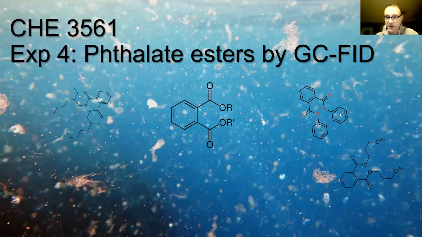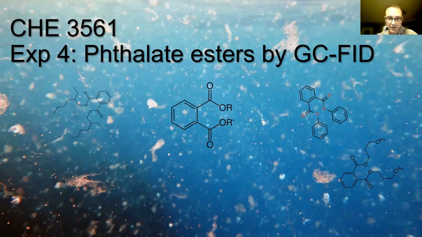So this example over here has 2 phenyl groups. This one here has 2 alkyl chains. And then we have also some branched versions over here. So they can be a wide variety of different structures that impart different properties onto the plastics that they're used in.